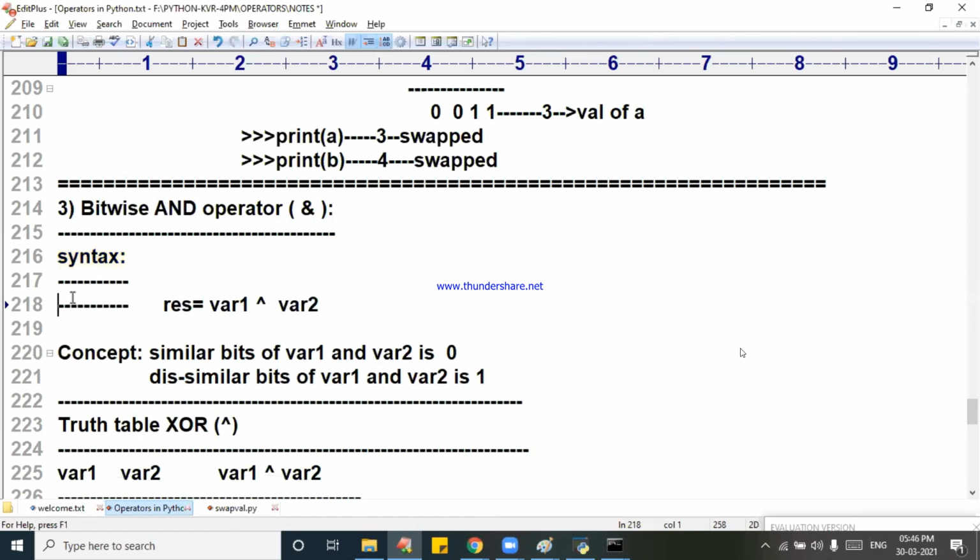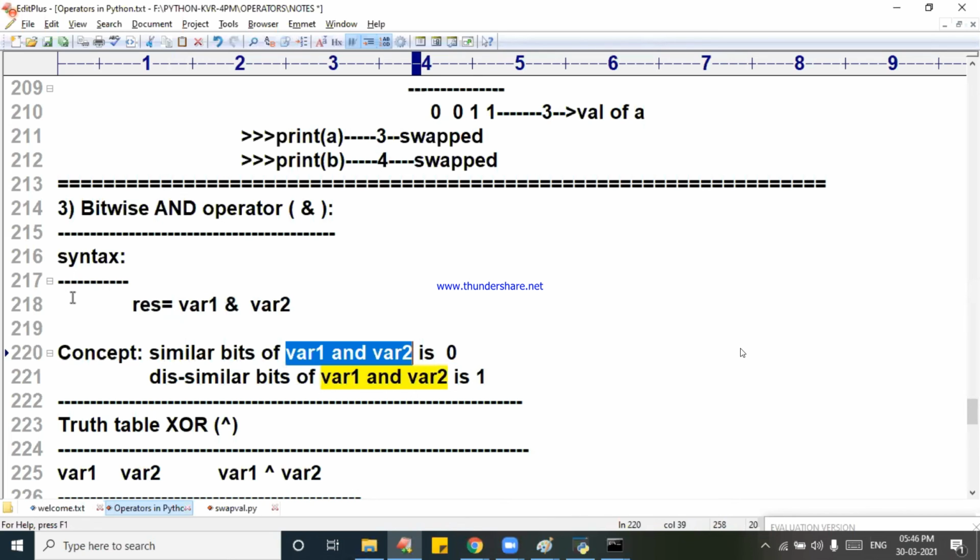is very, very simple. There, RS is equal to VAR1 ampersand VAR2, single ampersand. Done. What is that? Similar bits of VAR1 and VAR2.